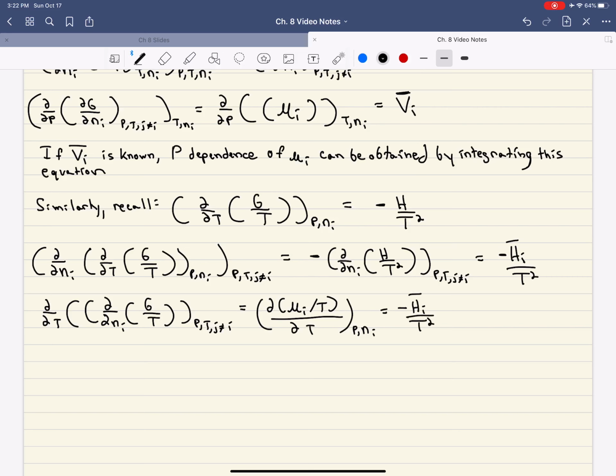And just like we saw with the partial molar volume, if we know the partial molar enthalpy, whether graphically or through an analytical method, we can see how temperature affects the chemical potential by integrating this equation.